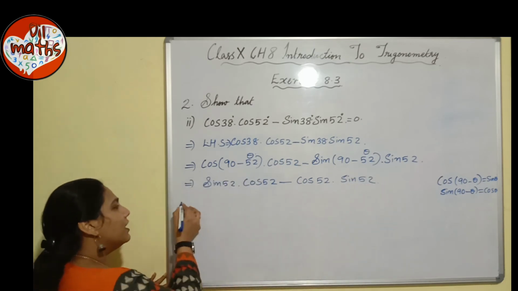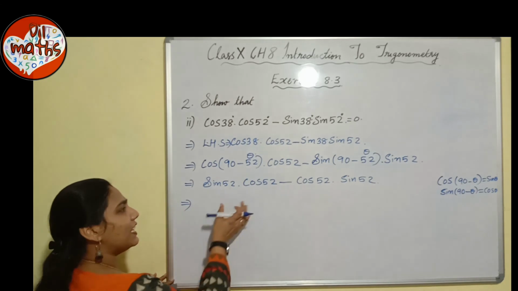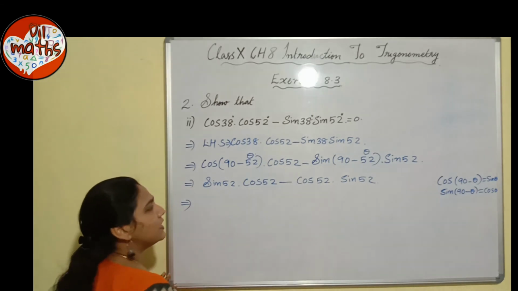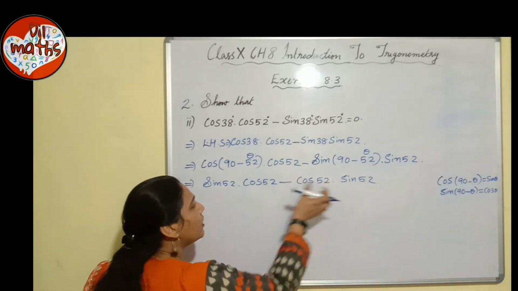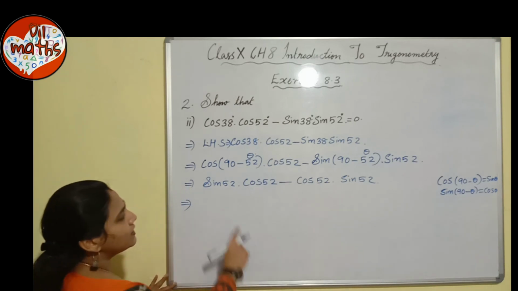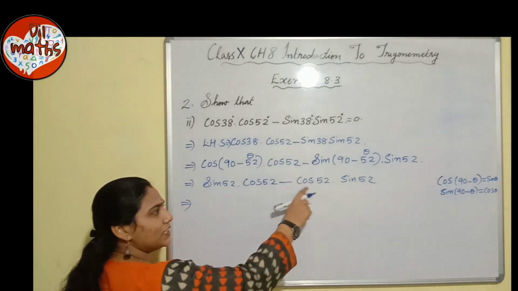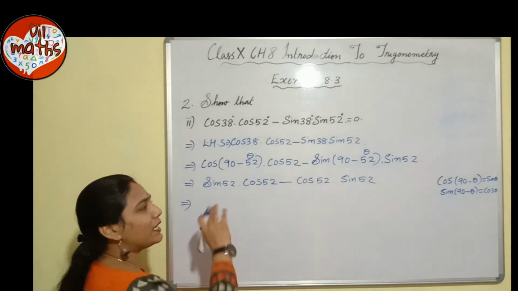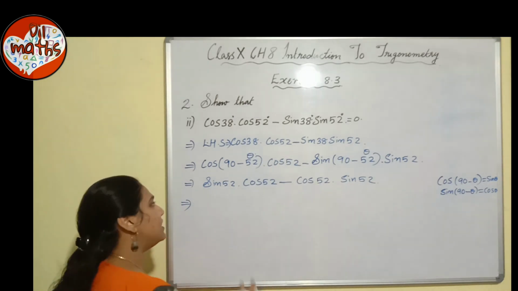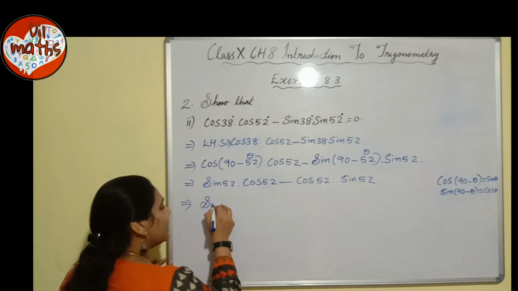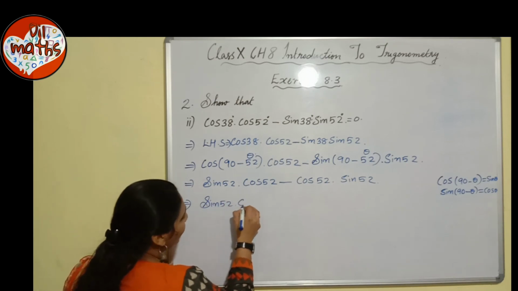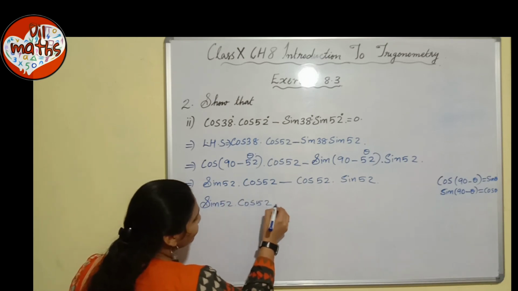Now we can see that in both terms, this is the first term, this is the second term, sin 52 is there, sin 52 is there, cos 52 is there, cos 52 is there, isn't it? It is multiplication, so we can rearrange and write them. So sin 52 into cos 52, I am going to write as it is.